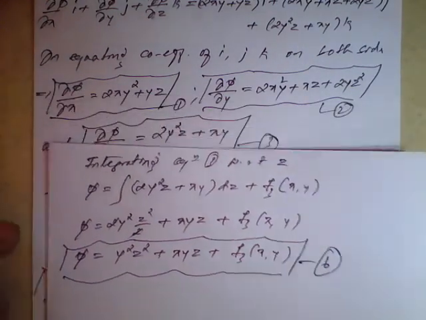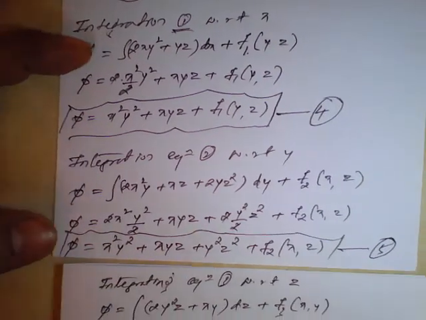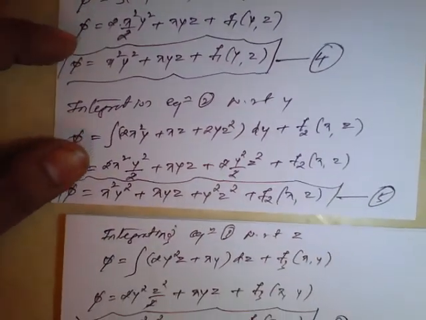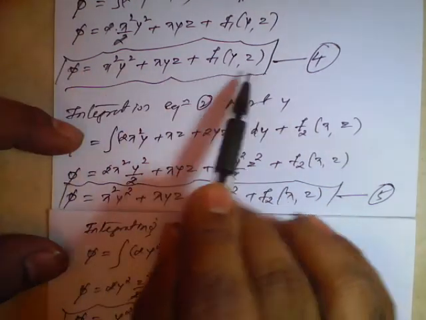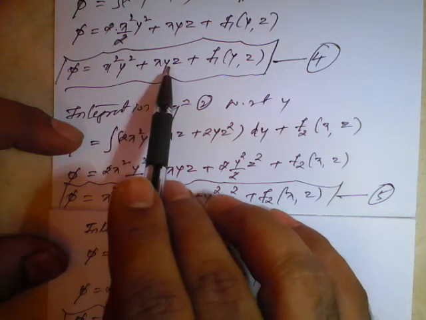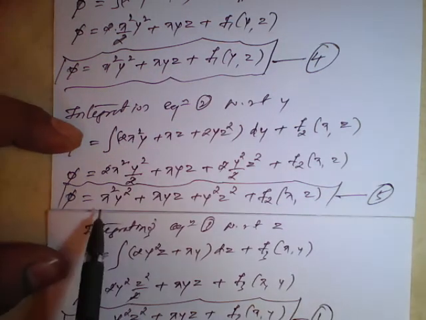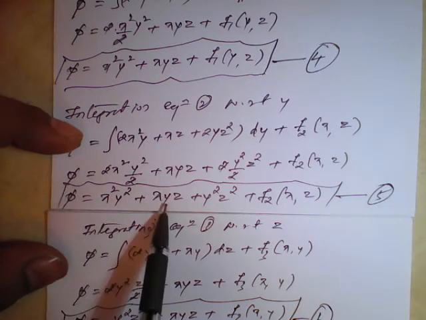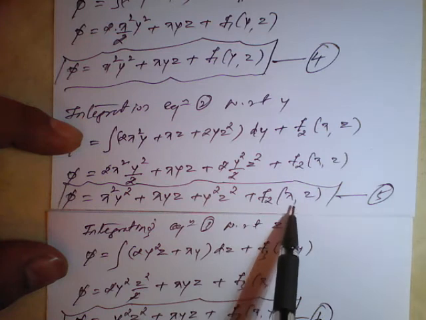So we have totally 3 equations after simplification. You can see here, the first equation after simplification, the fourth equation, is x square y square plus xyz plus f1 of yz. Next, equation number 5 is x square y square plus xyz plus y square z square plus f2 of xz.